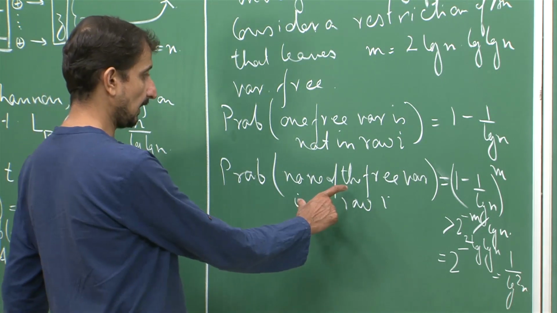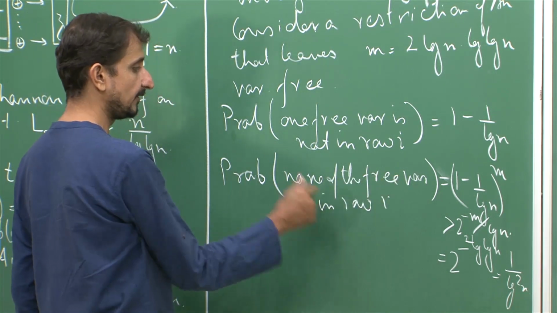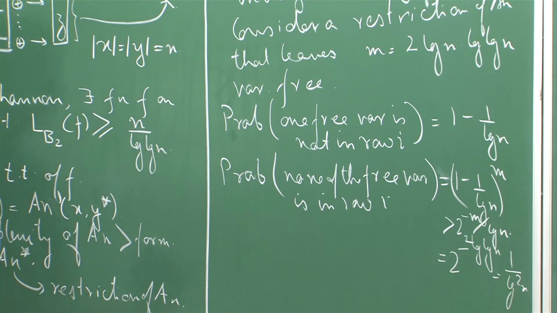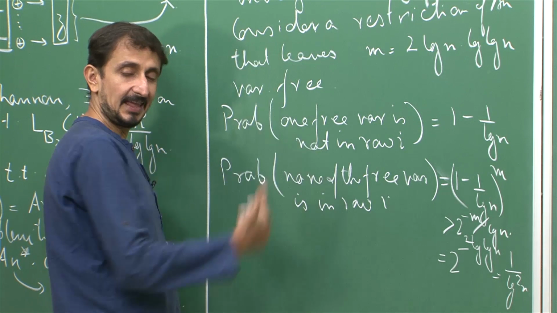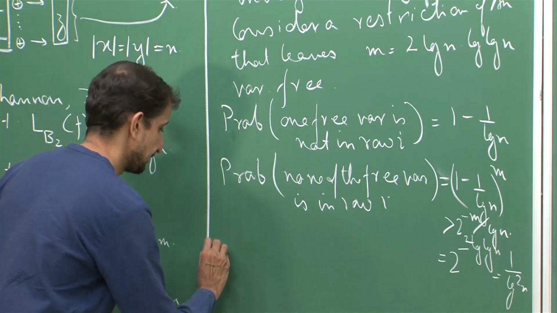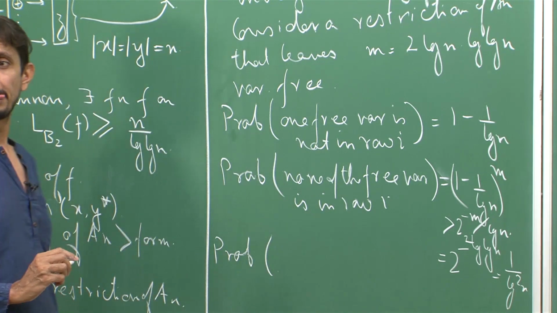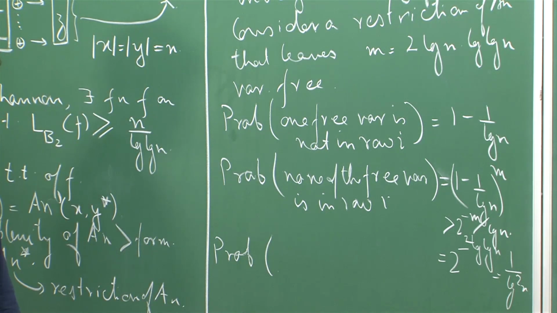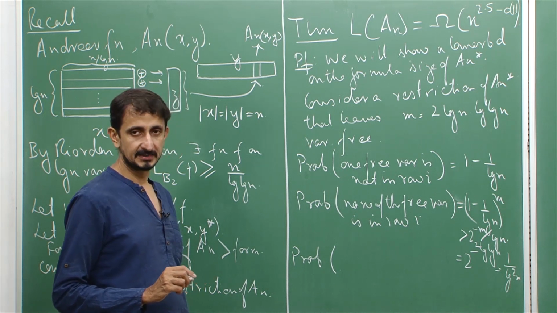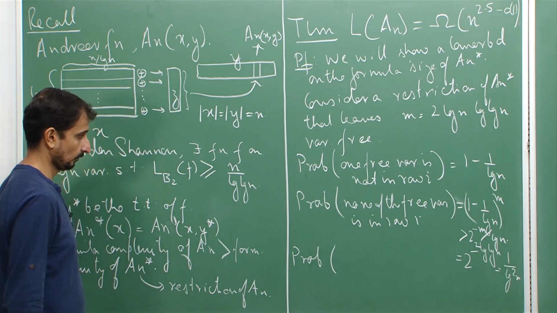Now, the probability that none of the free variables is in row i. Now, I want to argue what is the probability that none of the free variables occur in any of the... So, what is the probability that 2 to the power minus m by log n? Yes. Okay.